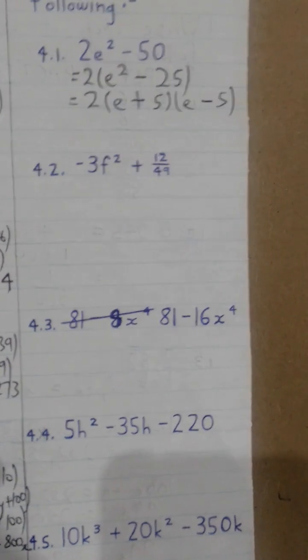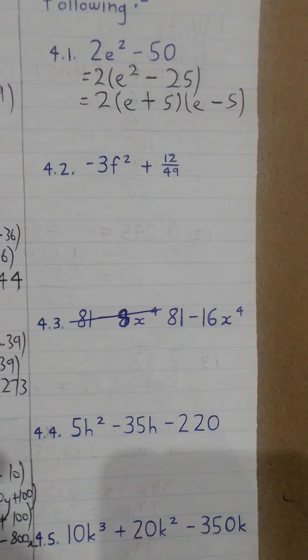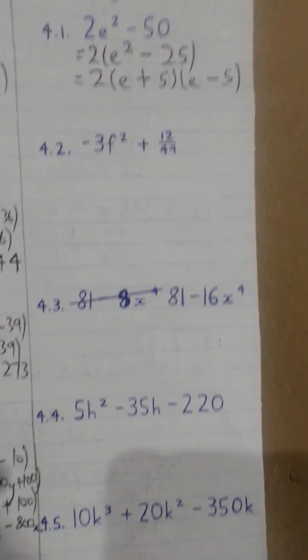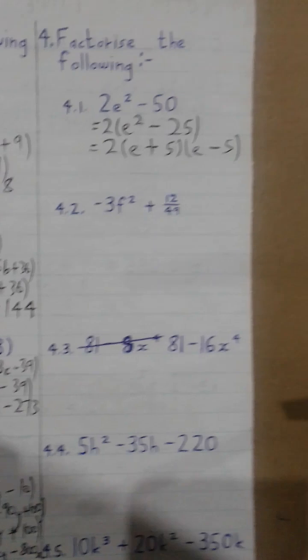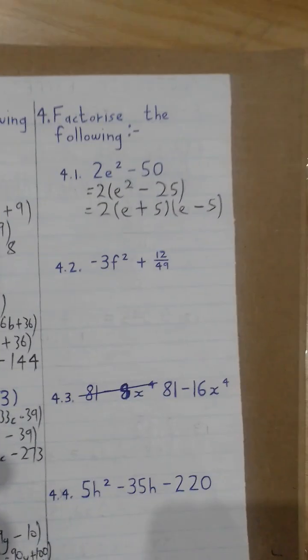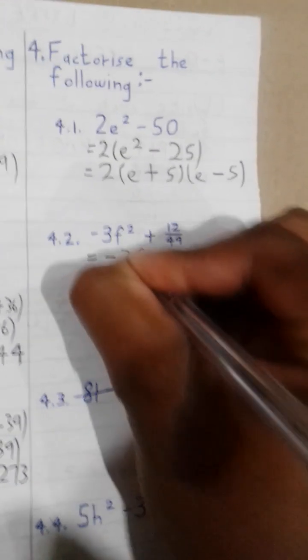4.2. Negative 3f squared plus 12 over 49. Now here you have to deal with the numerators. Is 12 divisible by 3 or negative 3? 12 divided by 3 is 4. So therefore the common factor is negative 3.